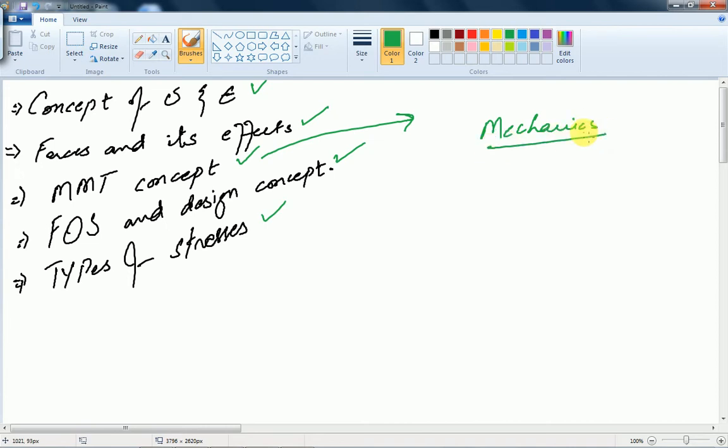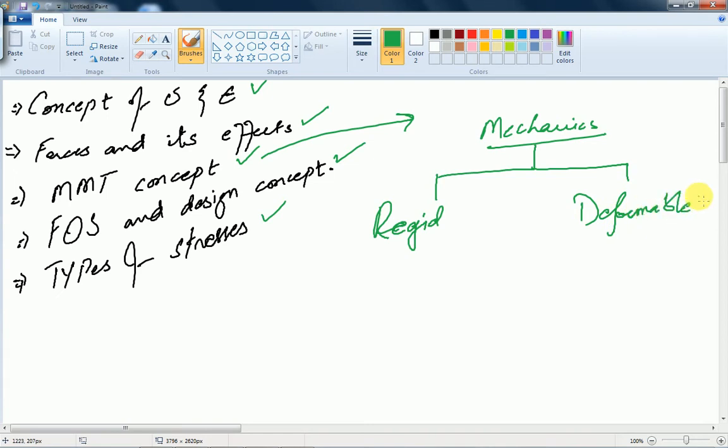Mechanics was the study of forces and its effects, and then we divided it into rigid bodies and deformable bodies. I'm just revising it as many of the students are confused about this, as I have gone through some answer sheets in your session 1 exam.